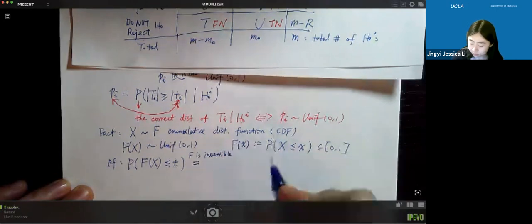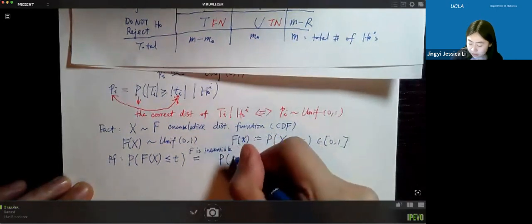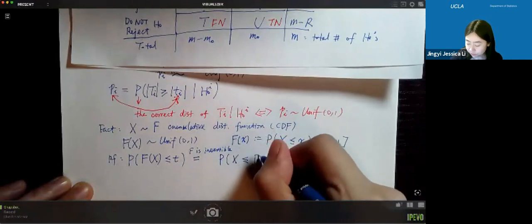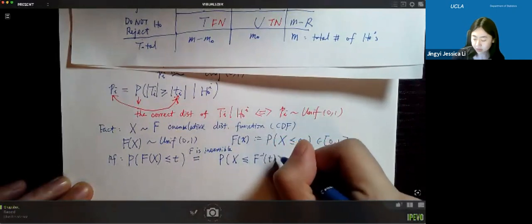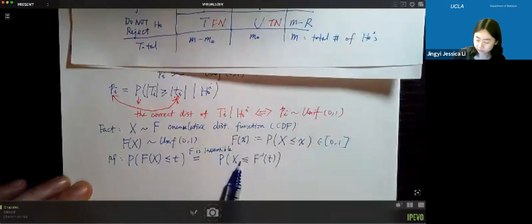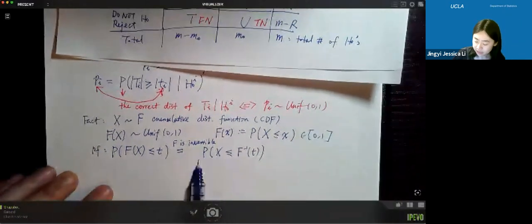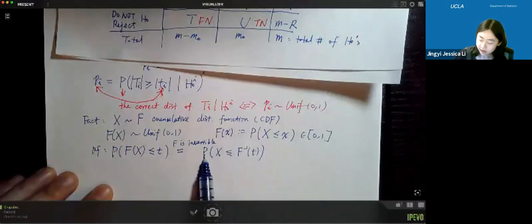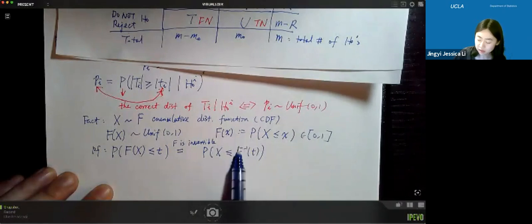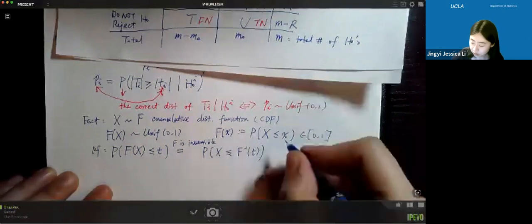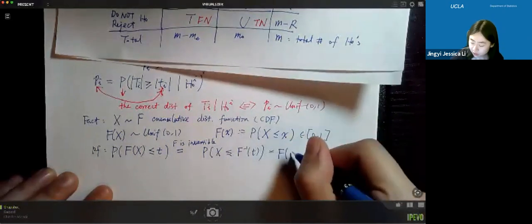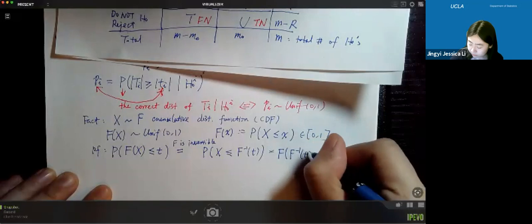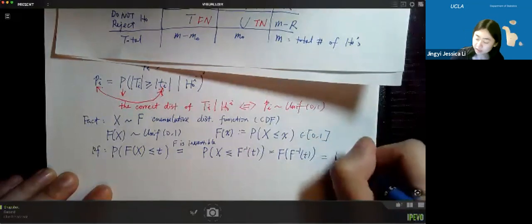When it's invertible, this probability can be written as X less or equal than f inverse of t, because the CDF is always monotone. Now this relates to the definition of the CDF: X less or equal than some constant, the probability of that is the definition of the CDF. So this is equal to f evaluated at f inverse of t. And that gave me t.